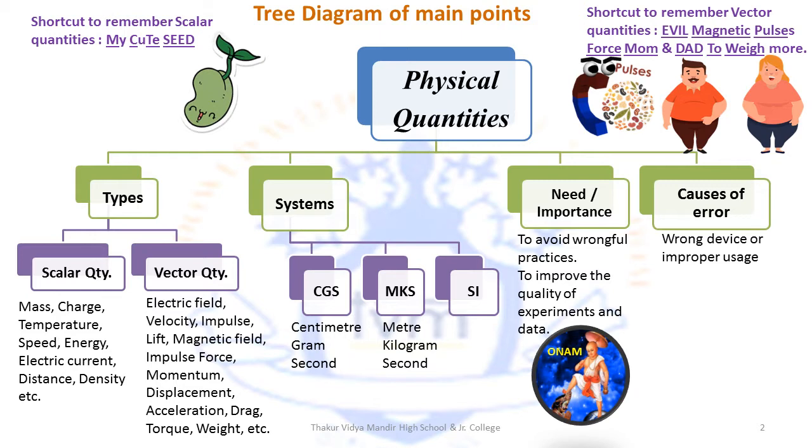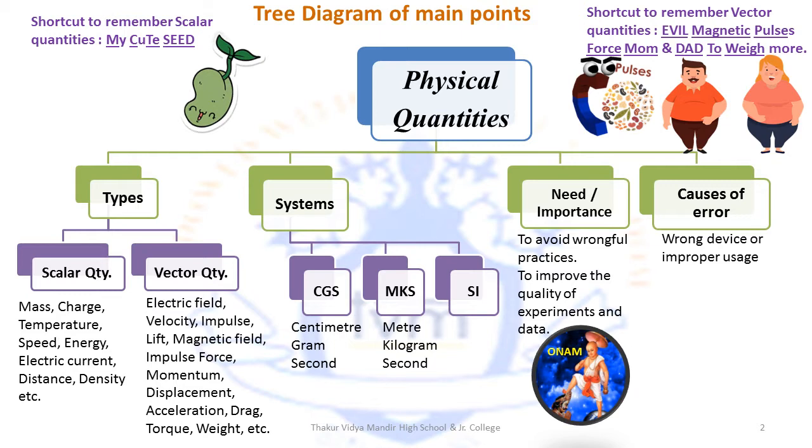So there are two types of physical quantities, scalar and vector quantity. The shortcut to remember scalar quantities is "my cute seed". Since it's quantity, you can think on the basis of weight increment and reduction. So, my cute seed: suppose eating seeds reduces the weight, so you only need the size, okay?